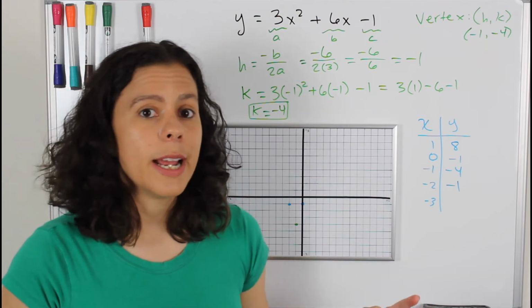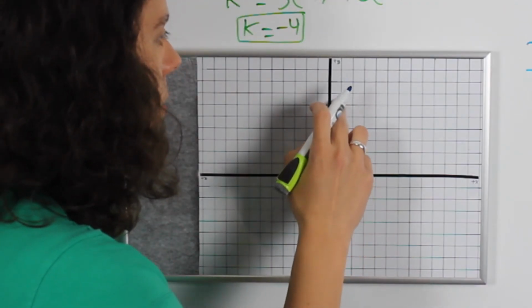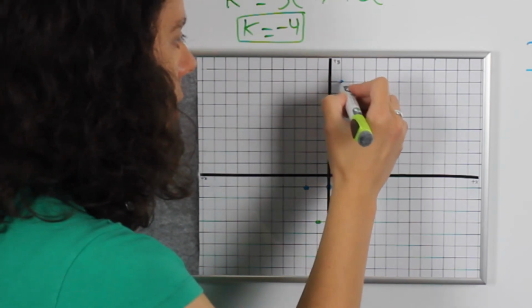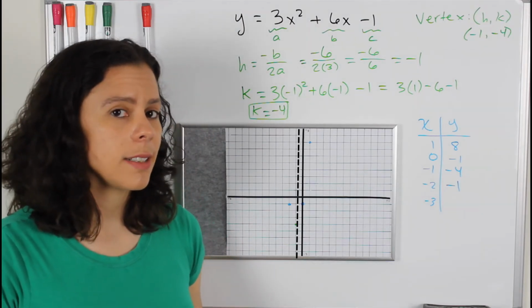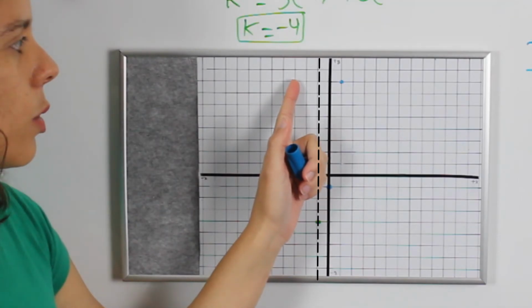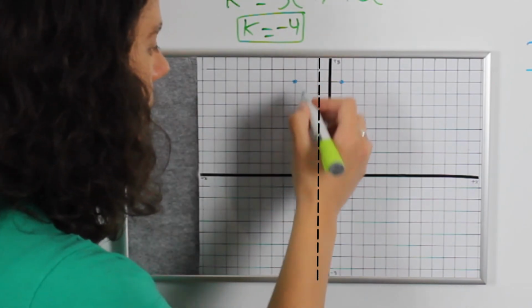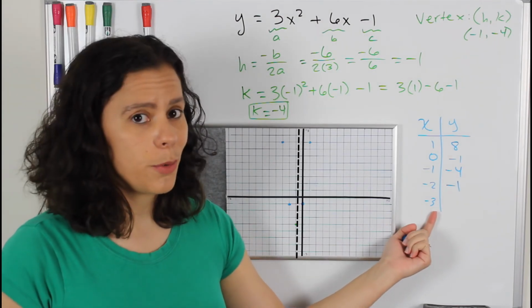And bam, our next point is (1, 8). And again, because this is an axis of symmetry, we know that equidistant to that line, we're also going to have a point right there at 8. So the point at x = -3 has y equal to 8.